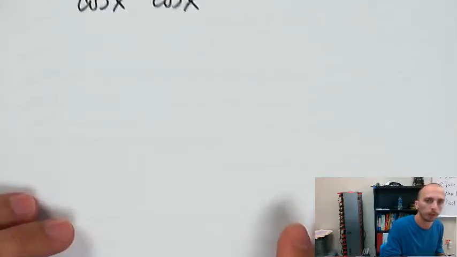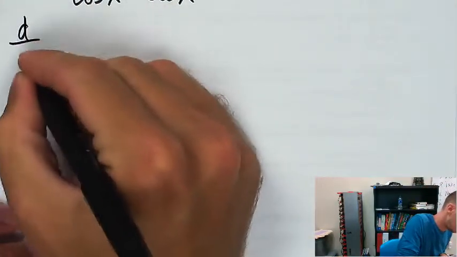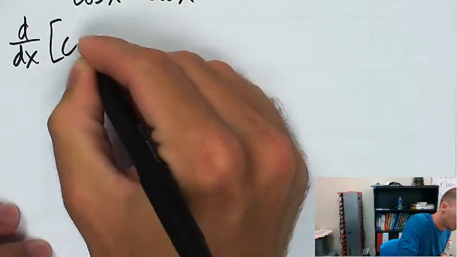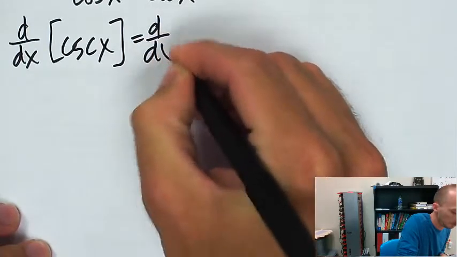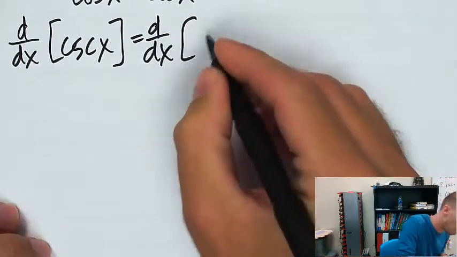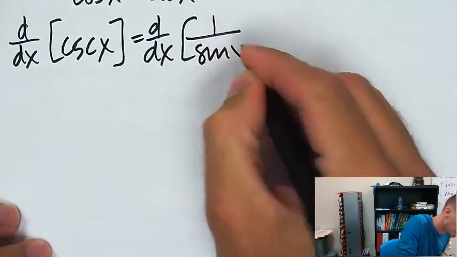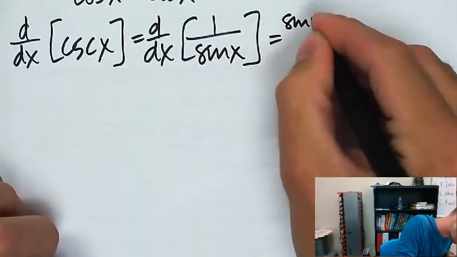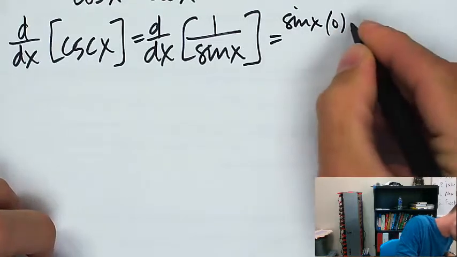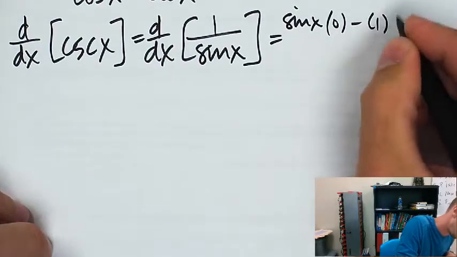I can do another one. So let's look at the derivative of cosecant. Okay, so I'm going to rewrite that as the derivative of 1 over sine x. So that's bottom times the derivative of the top, minus the top times the derivative of the bottom.